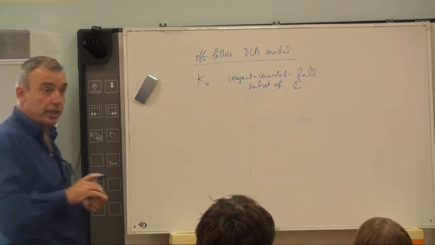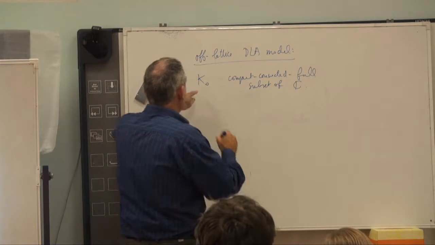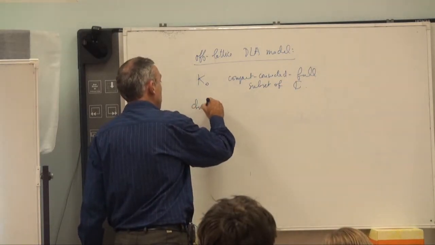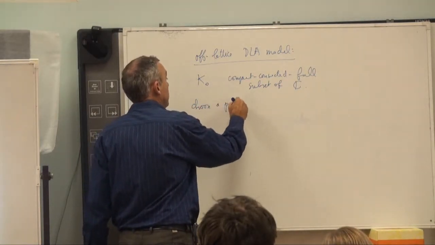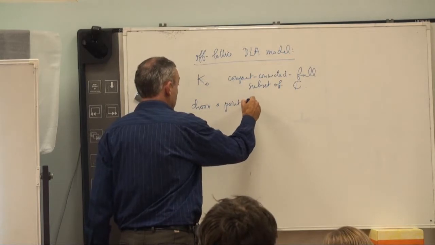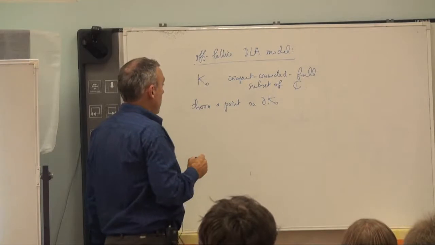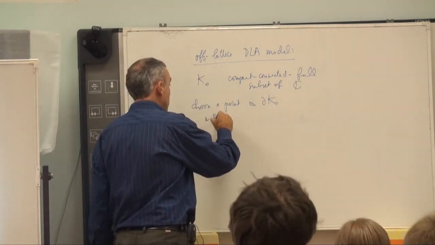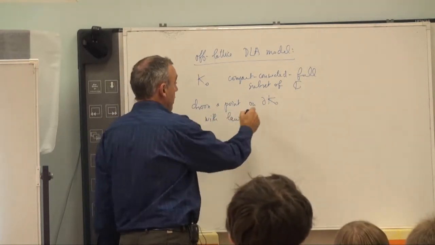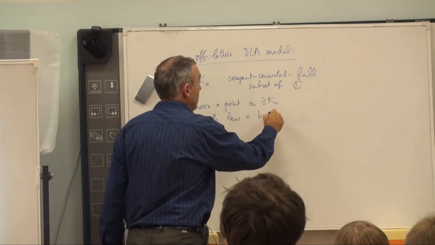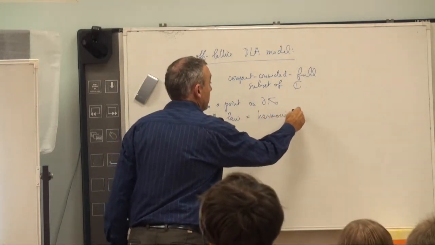harmonic measure. So we choose a point on the boundary with law equal to harmonic measure at infinity.